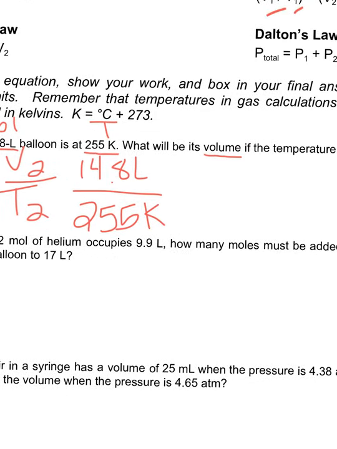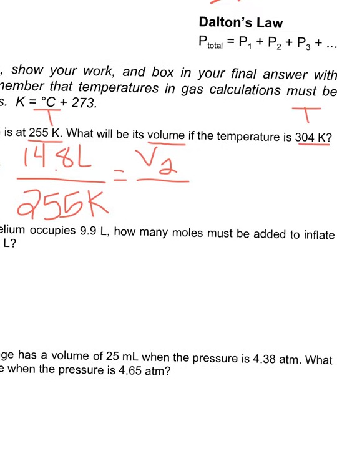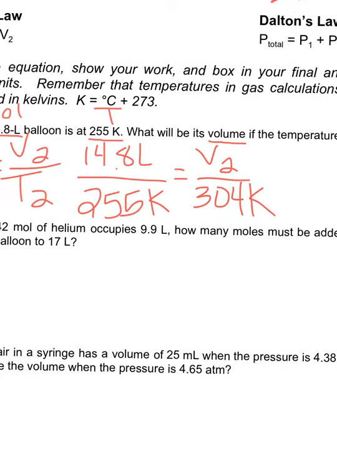And then we simply plug in the remaining values. What will be its volume? So we don't know what V2 is, if the temperature is 304 Kelvin. So that's our equation with all of our values plugged in.